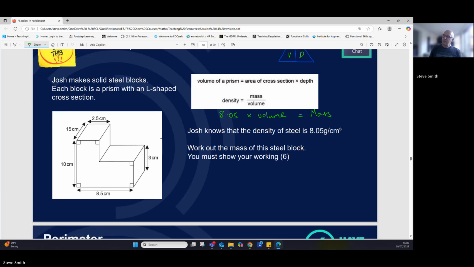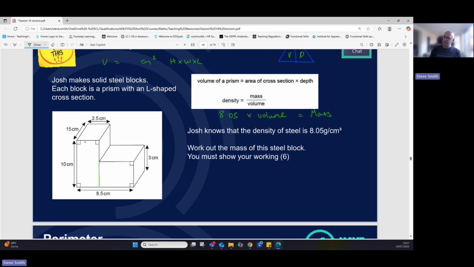If I split this up, I'm going to break it into pieces like that. I'm going to work out the volume of this one first. With volume, don't forget it is measured in centimeters cubed. When it's cubed, we've got 3 measurements, so we need height times width times length in any order.